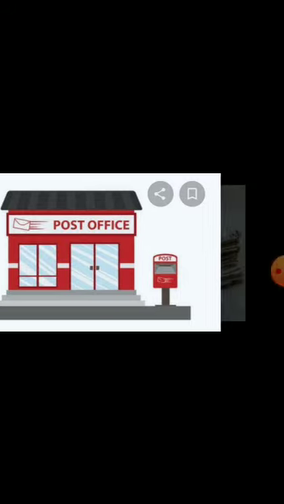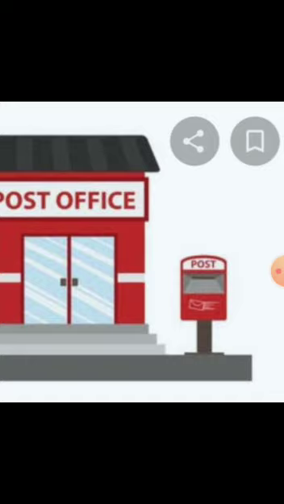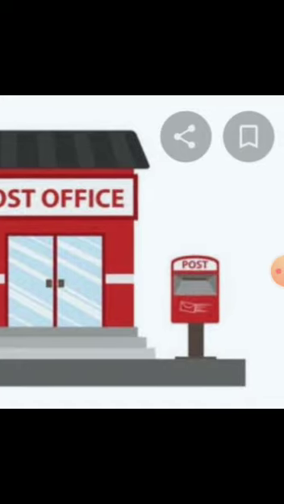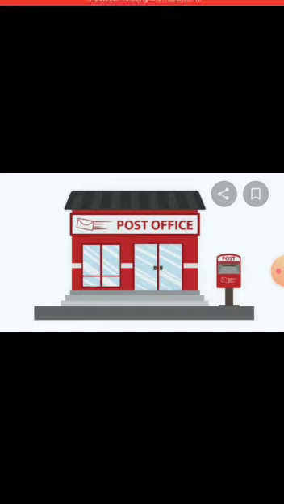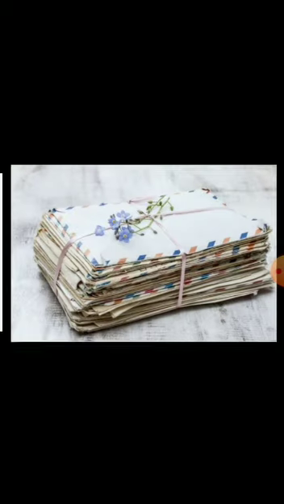In this picture there is a small letter box, and through this people deliver letters to a person, even in another country, through the post office, right? Okay, this is the picture of letters.